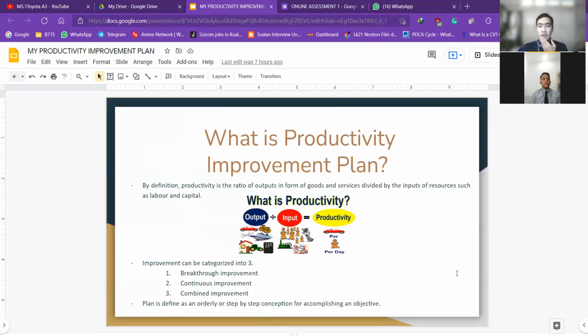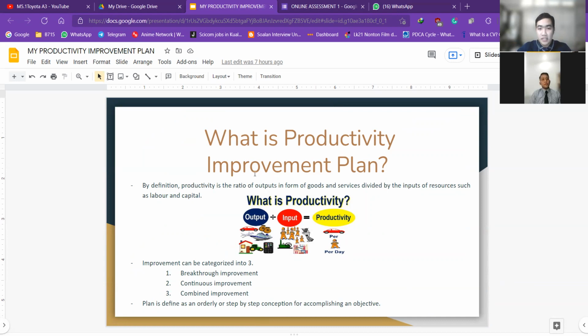First of all, before we continue any further, we must know what productivity improvement plan means. By definition, productivity is the ratio of output in the form of goods and services divided by the inputs of resources such as labor and capital.